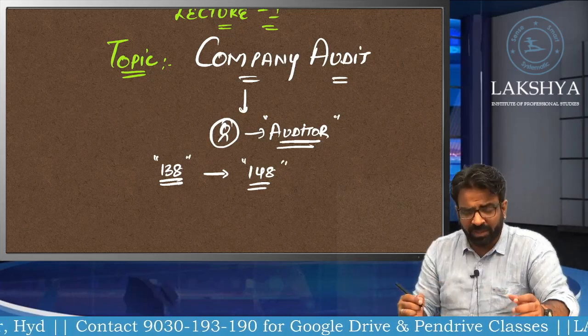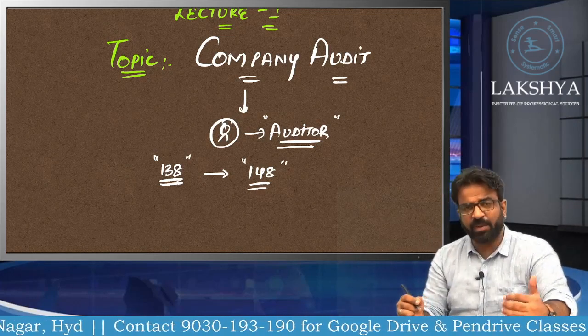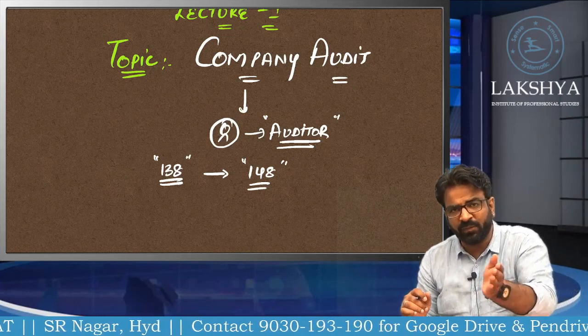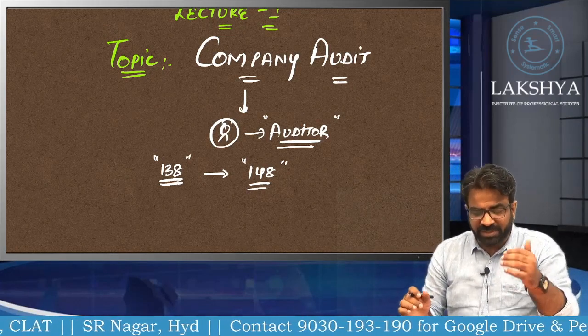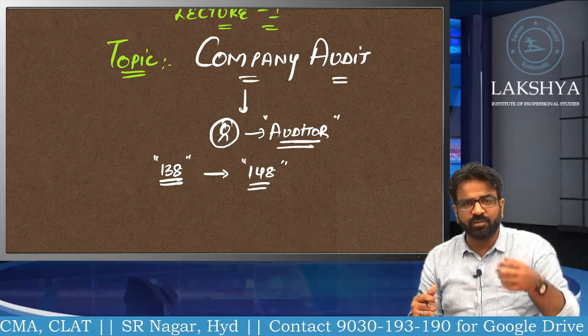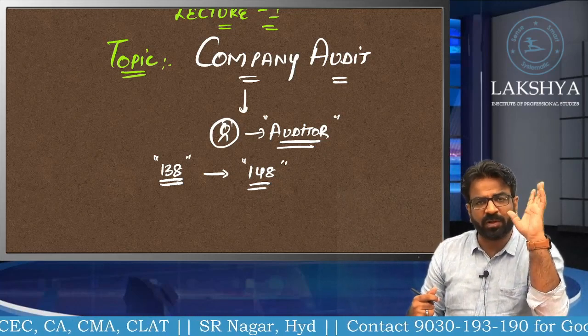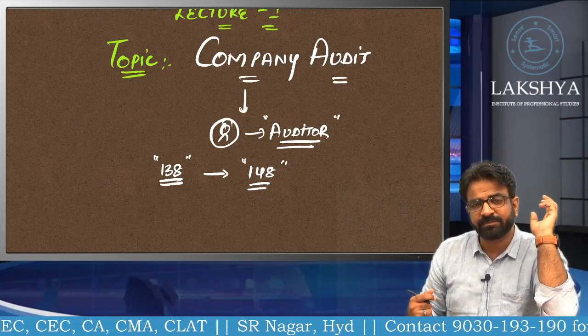Again, what are the sections we have to cover? Section number 138 to section number 148, right or not? They all only talk about one person. Who is that person? Auditor.